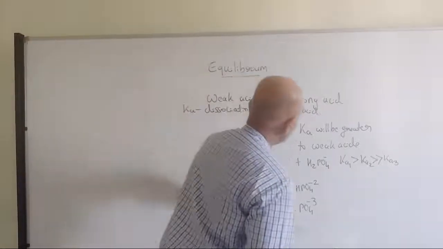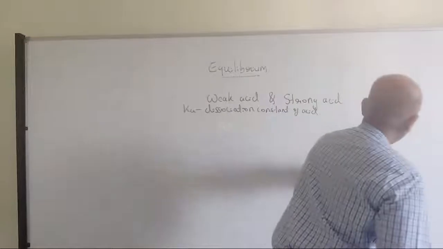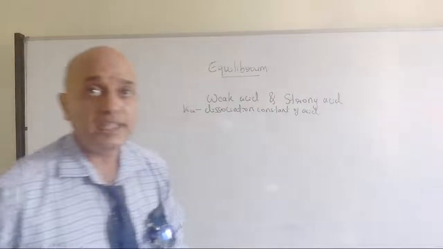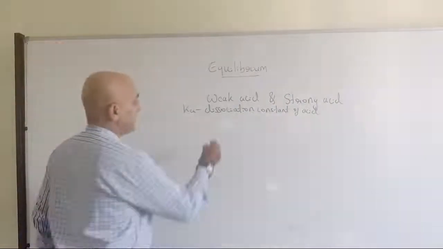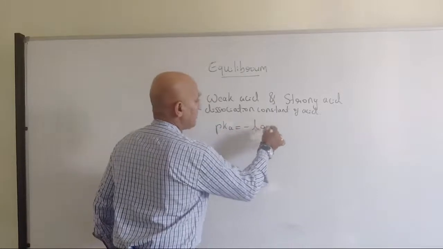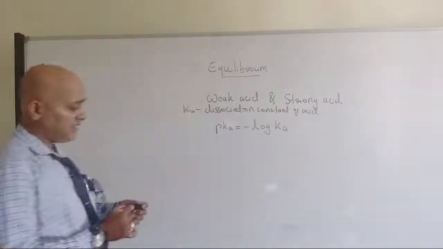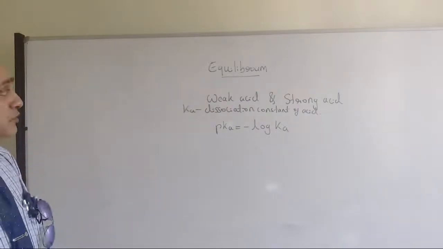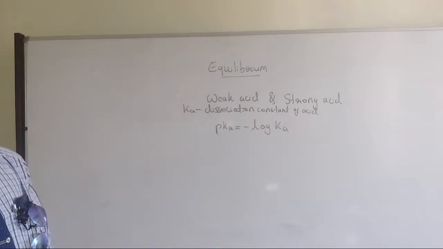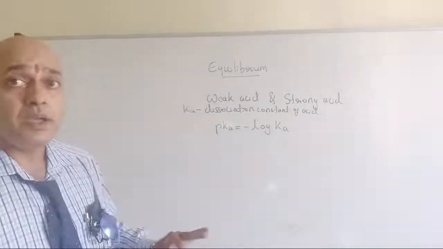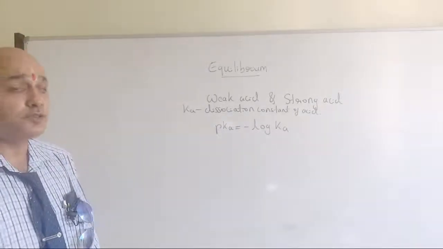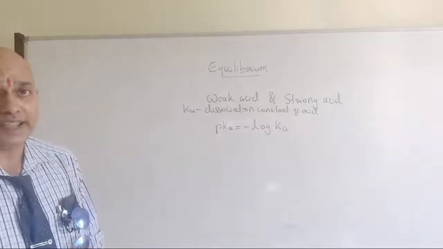Give me another 2-3 minutes. So we have a relation where pKa is equal to minus log of Ka, same as that of the pH. Just as pH is equal to minus log of H plus concentration, same way pK is equal to minus log of Ka.